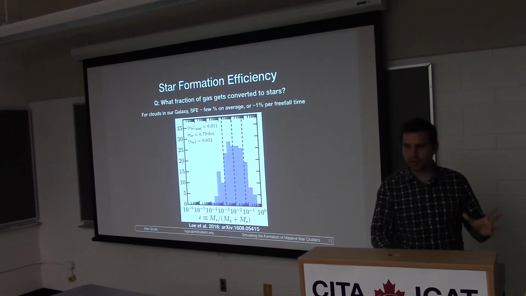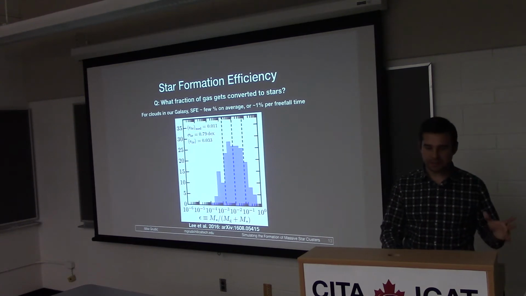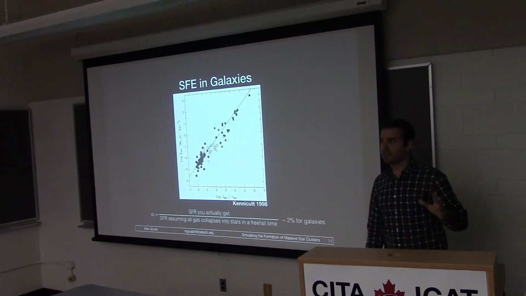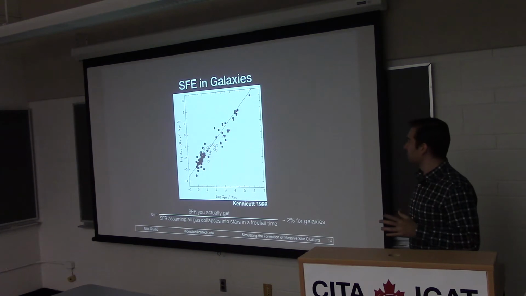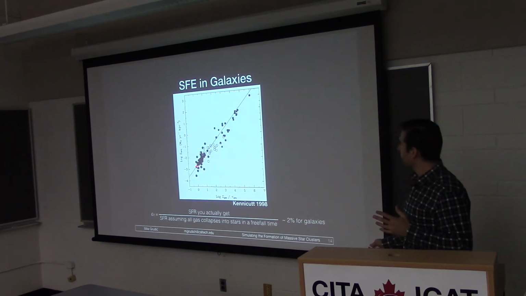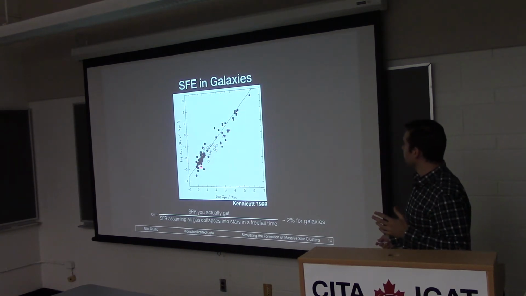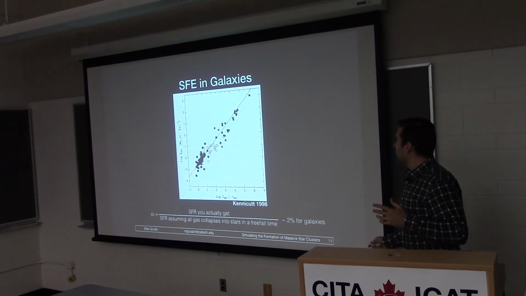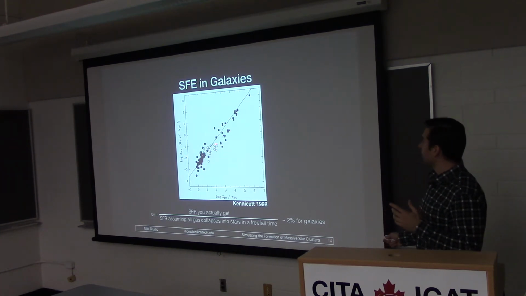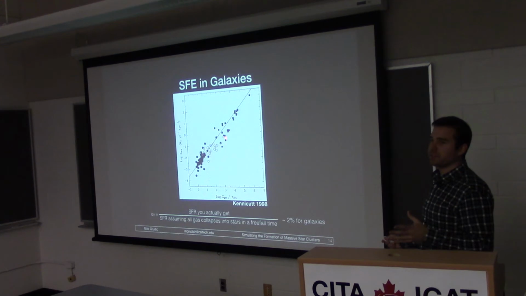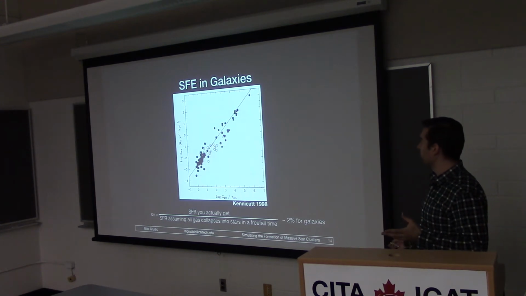Now, this figure of 1% makes it very tempting to draw an analogy with the result that we get for galaxies. It's been found that galaxies typically form stars such that they use up 2% of their available gas mass per freefall time.